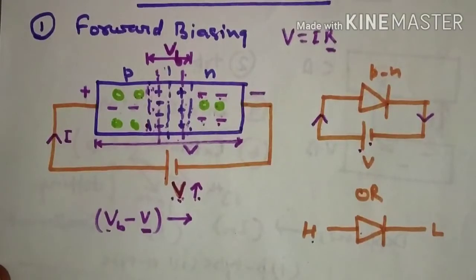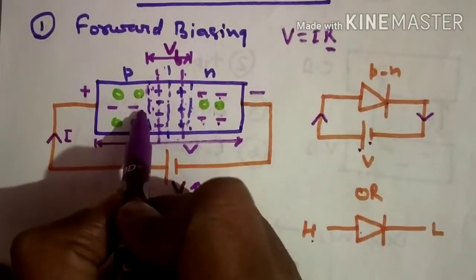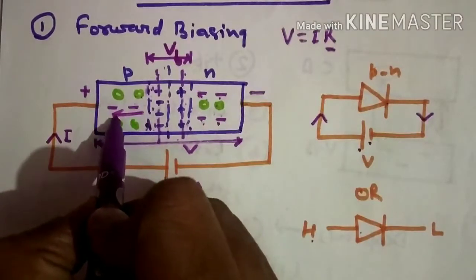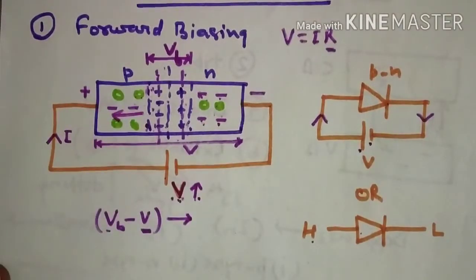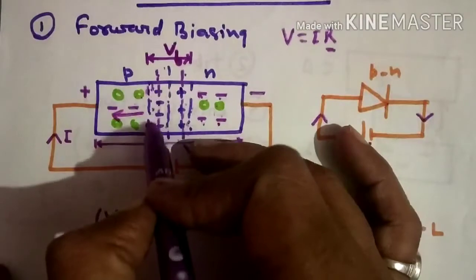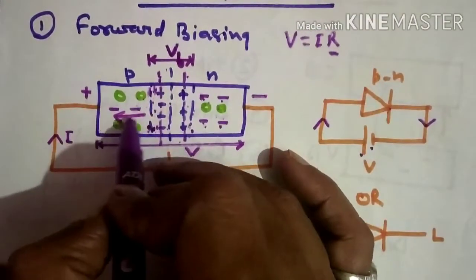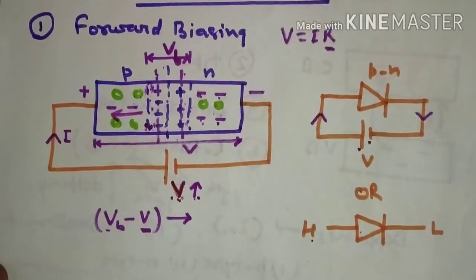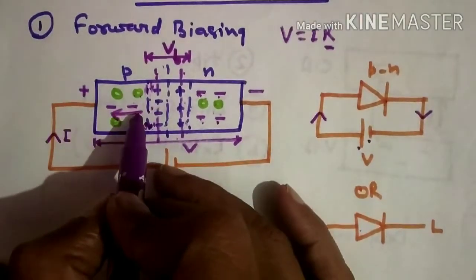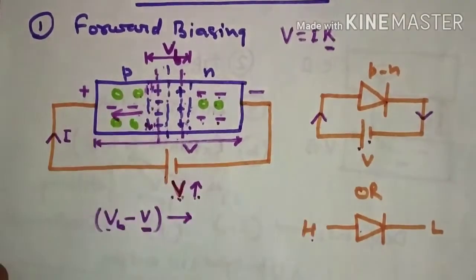Due to this, again a diffusion of the electrons will start from this direction to this direction, because near the junction the concentration of electrons becomes larger than this concentration, and so there will be a diffusion current of electrons in this direction.